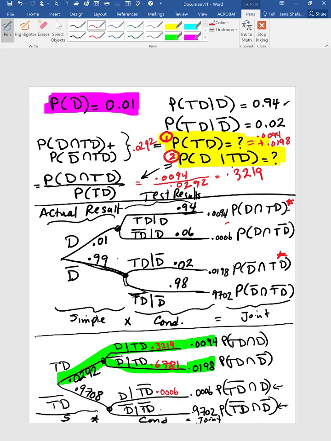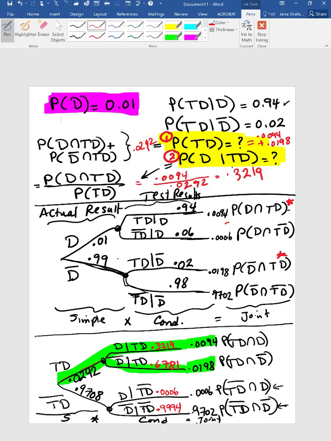And so subtract that from 1 and you get 0.9994, or another way is to divide 0.9702, the joint, by the simple 0.9708 to get the conditional, which is 0.9994.